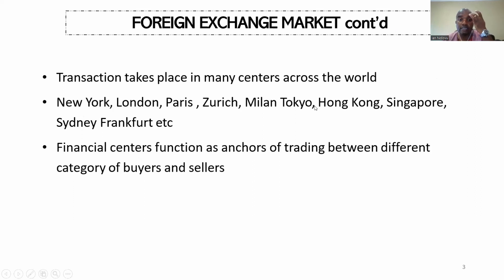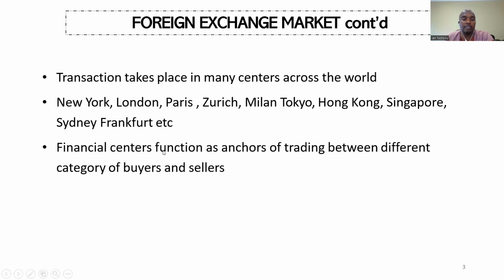So the transactions take place in many centers across the world: New York, London, Paris, Zurich, Milan, Tokyo, Hong Kong, Singapore, Sydney, Frankfurt, etc.